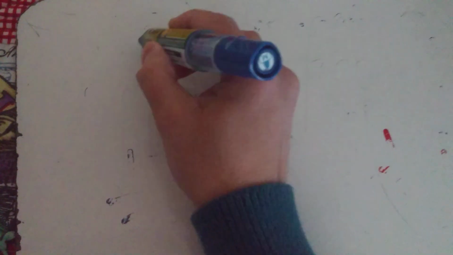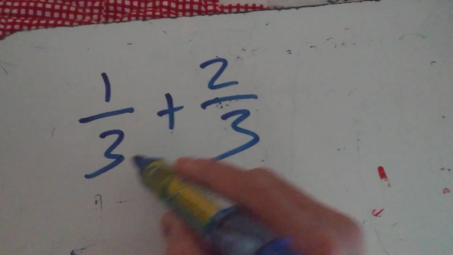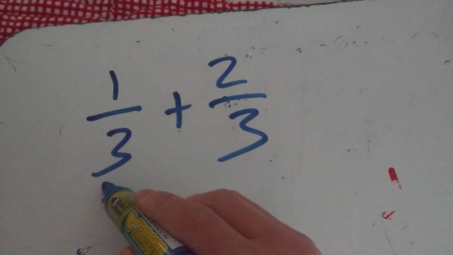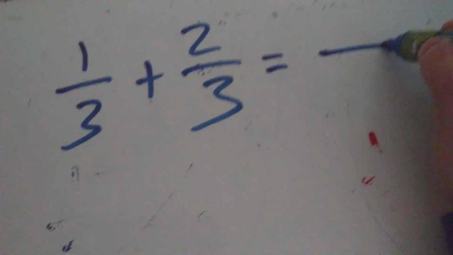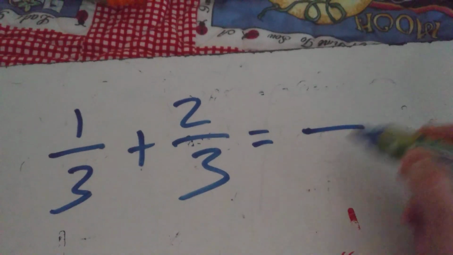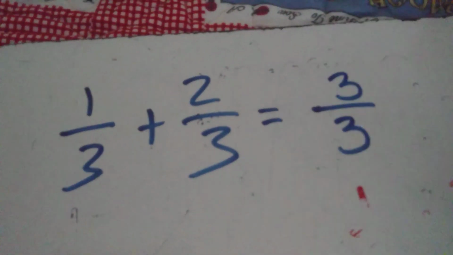Okay, let's try 1/3 plus 2/3. Now, because we have the same like denominator, we can just add straight across. First things first, since I know 3 is going to be the denominator I use, we'll just put the 3 there, and then we have a 1 plus a 2, and that equals 3.